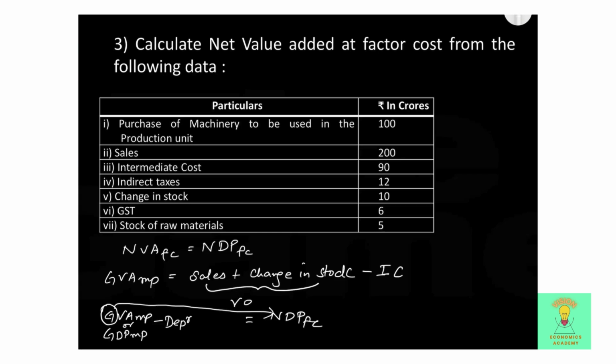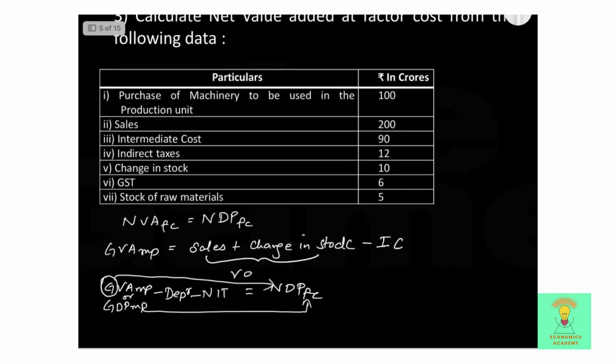And from MP to FC, we subtract net indirect taxes, right?